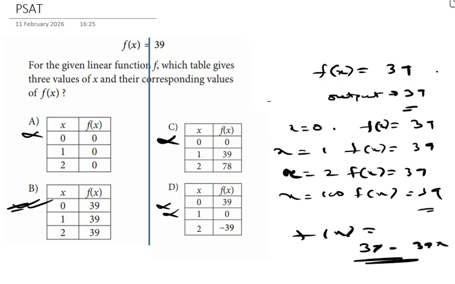Whenever you see a function with no x in it, it is a constant function. So do not overthink it. Just check, are all the outputs the same number? If yes, that is the correct table. So the final answer for this particular question will be option B.